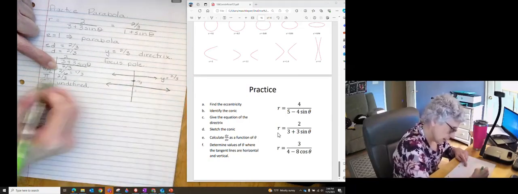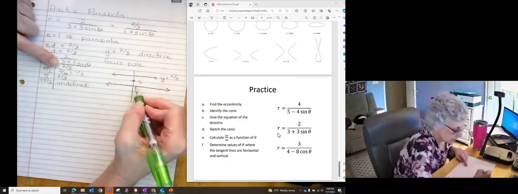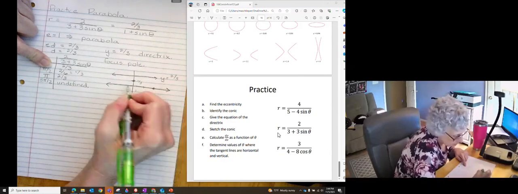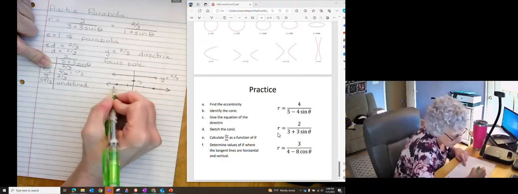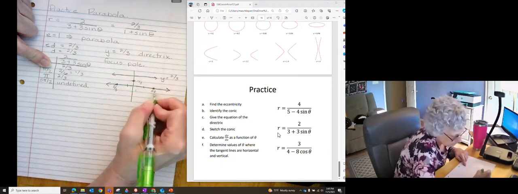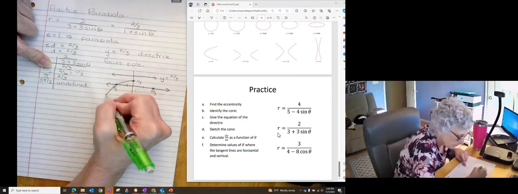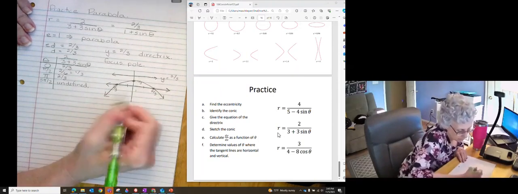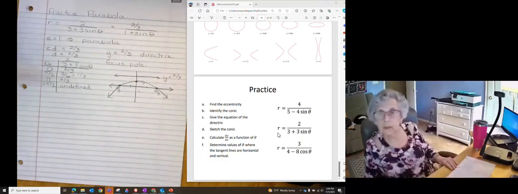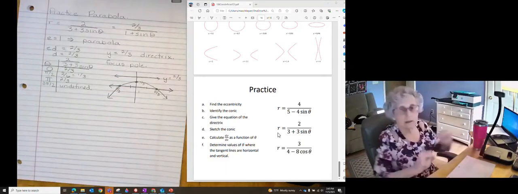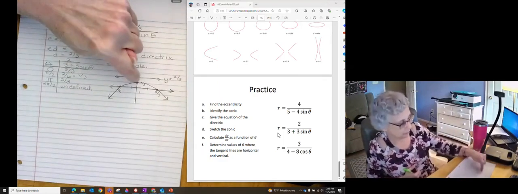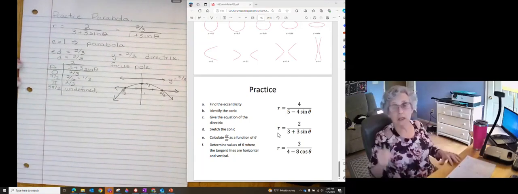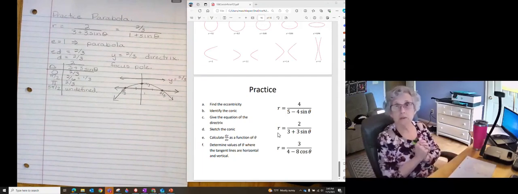Well, that happens to be where we plot at pi halves. 1/3, 2/3. I focus here at the pole, and the vertex lives right in the middle between the focus and the directrix, because it always has to be the exact same distance between the two.